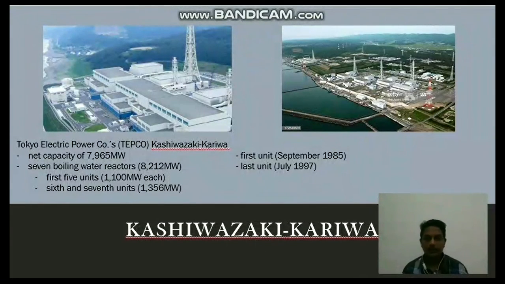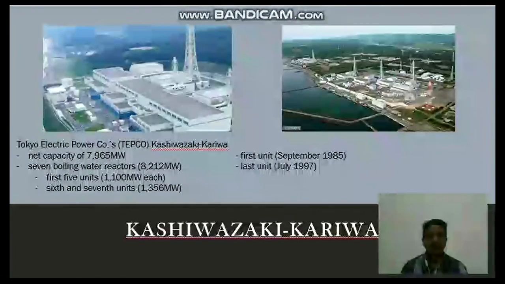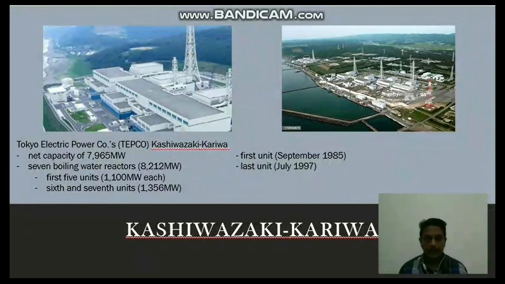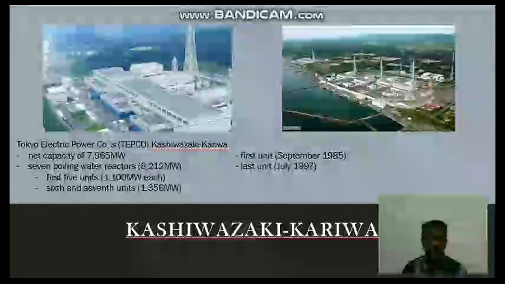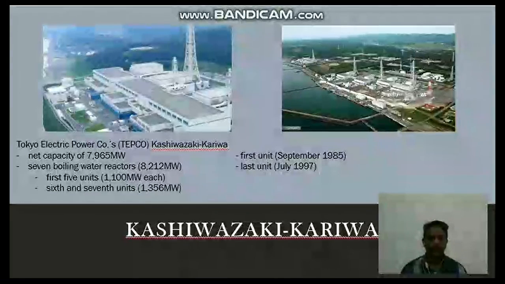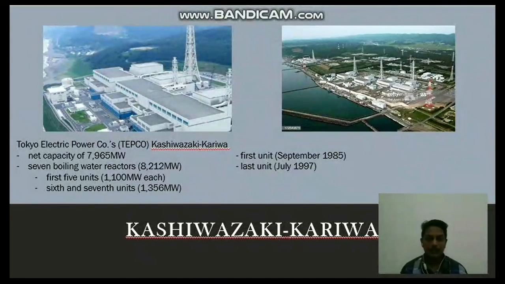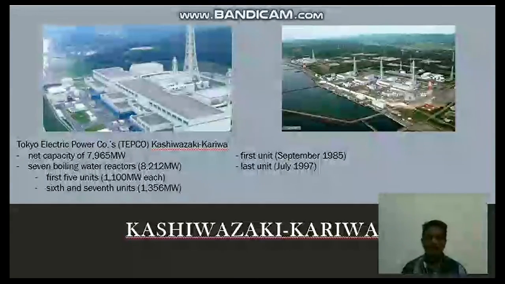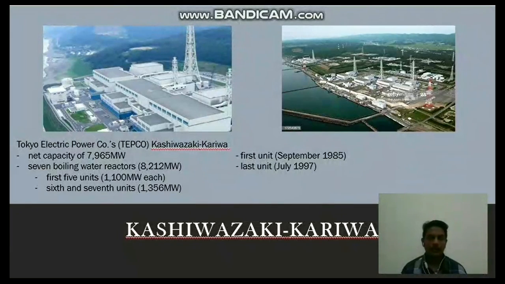The first 5 units have a gross capacity of 1,100 megawatts each, and the 6th and 7th units each have a capacity of 1,356 megawatts. The first unit began commercial operation in September 1985, and the last unit became commercially operational in July 1997.